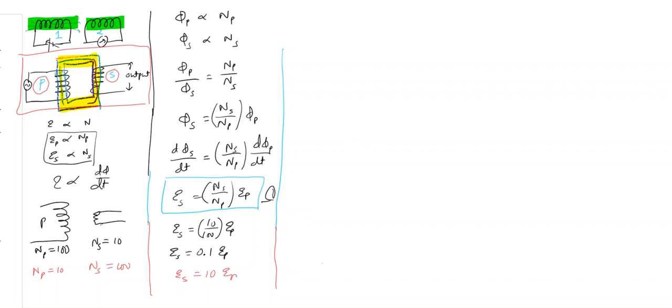So we know that according to the law of conservation of energy, power in the primary coil has to be equal to power in the secondary coil, because energy is not created in this phenomenon. We are not creating any energy. So epsilon P and IP, voltage into current, has to be equal to epsilon S and IS, voltage into current. IP is the current passing through the primary coil, IS is the current passing through the secondary coil.